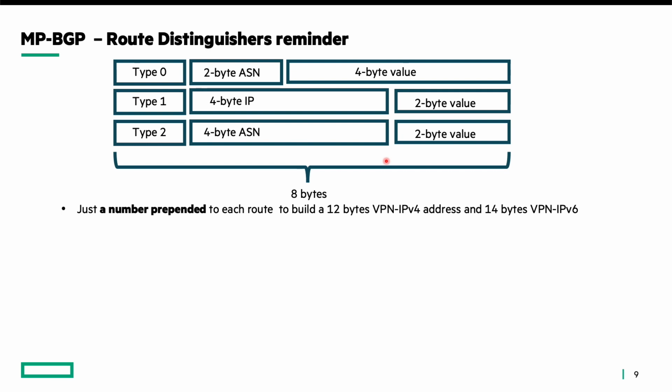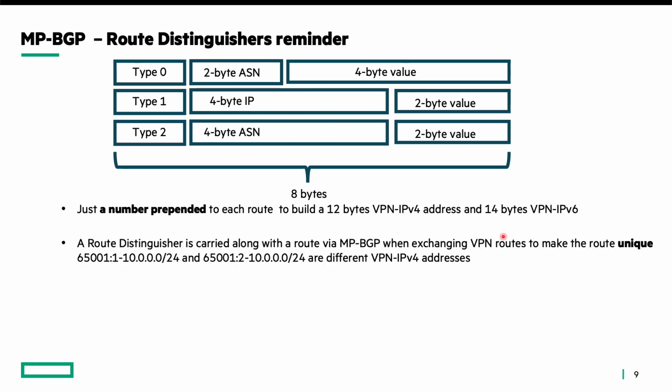But it's just a number: instead of providing routing information for a 4-byte IPv4, it will be a 12-byte VPN IPv4 address. The same for IPv6.